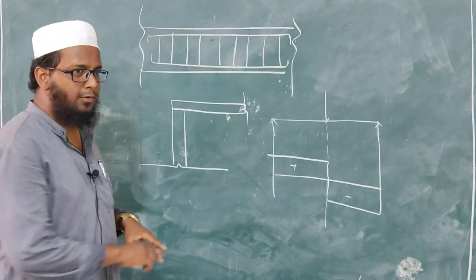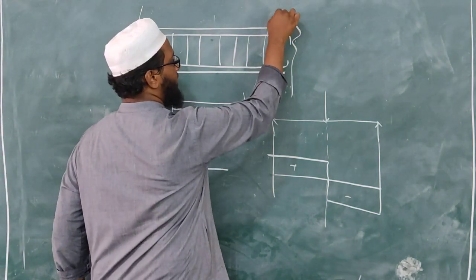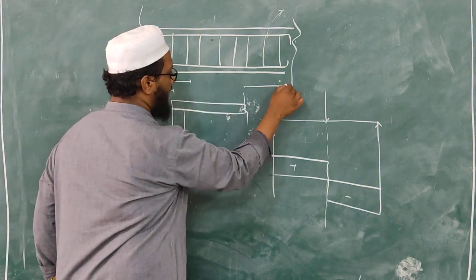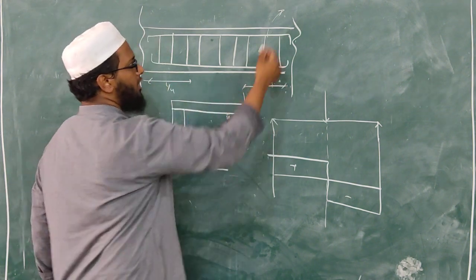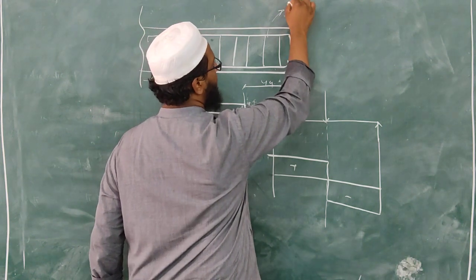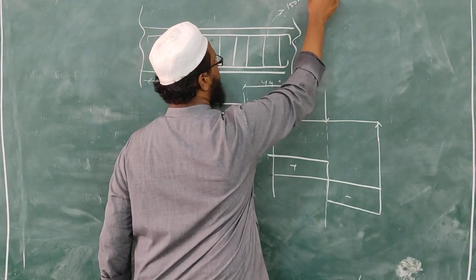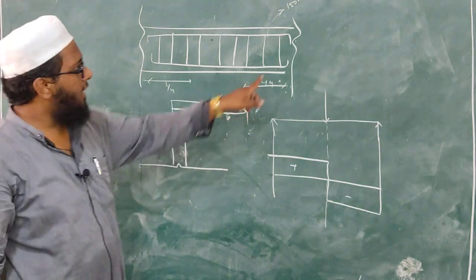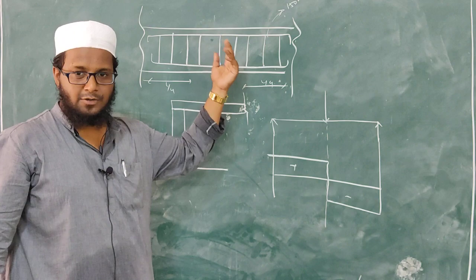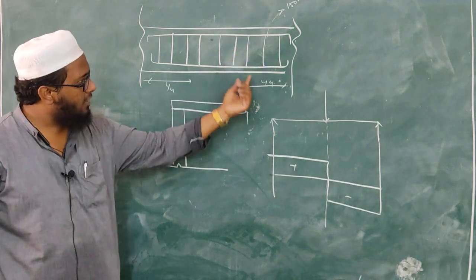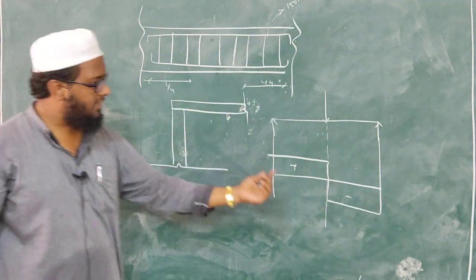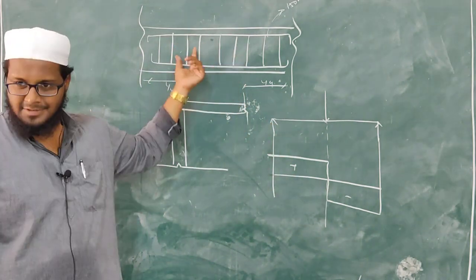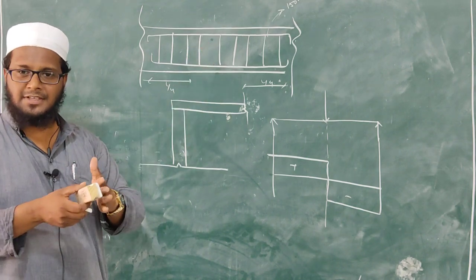At this junction, till L by 4 and L by 4, the spacing of the rings will be 150 mm center to center. 8 mm rings at 150 mm center to center, and as they cross the span of L by 4, the spacing of the rings will get increased.